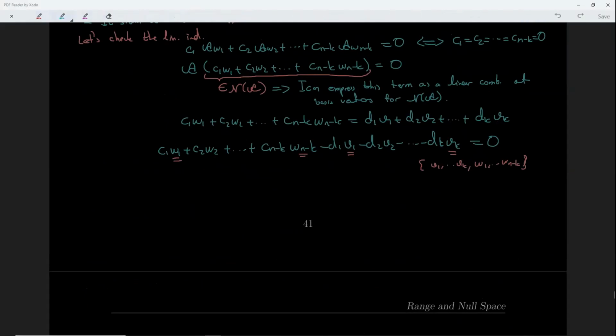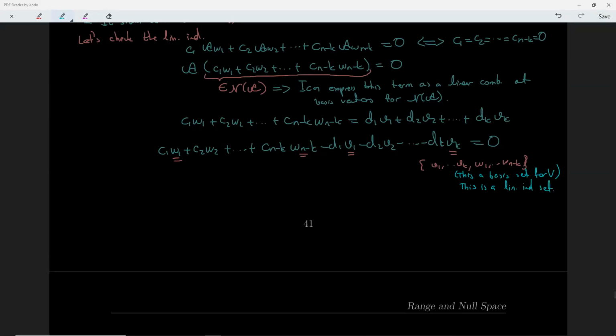This is the basis set for v, right? And if a linear combination of these vectors is equal to 0, then all of these coefficients are equal to 0. Why? Because the vectors in a basis set have to be linearly independent, right? So this is a linearly independent set.